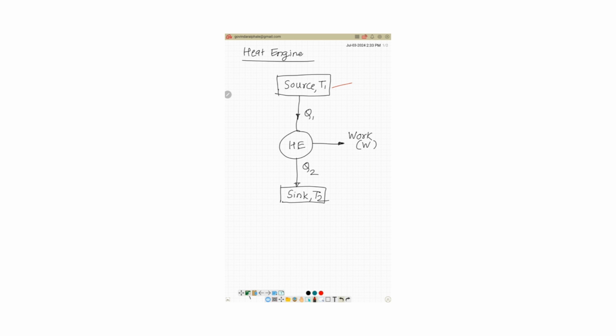So Q1 minus Q2 here is nothing but the work produced from the heat engine.